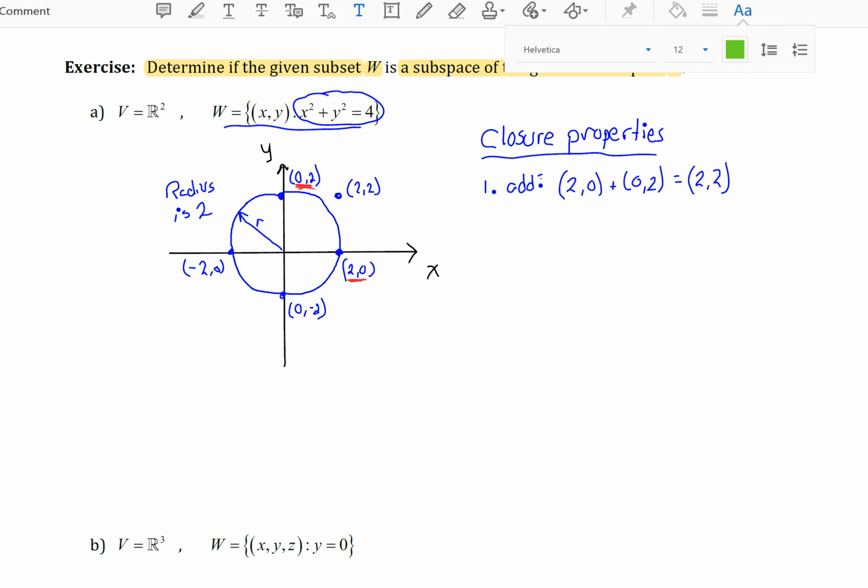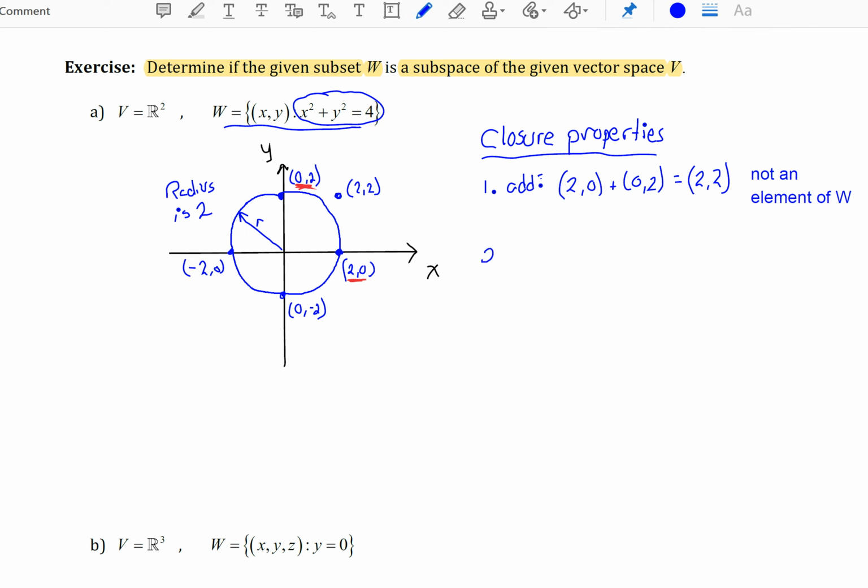So this would be not an element of W. And since it's not an element of W, we have failed the closure of addition, which tells us W cannot be a subspace. We're technically done.